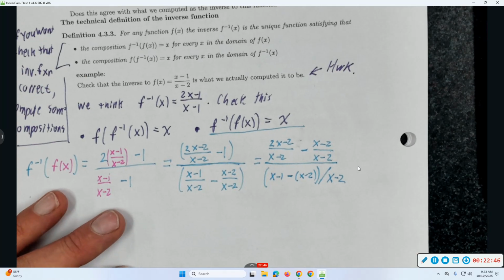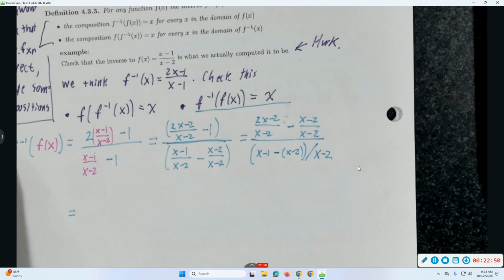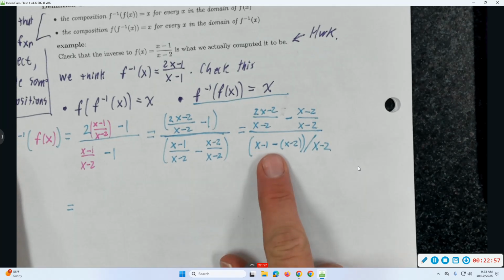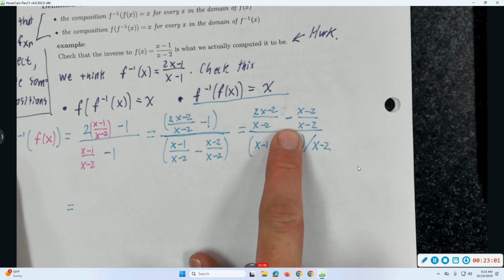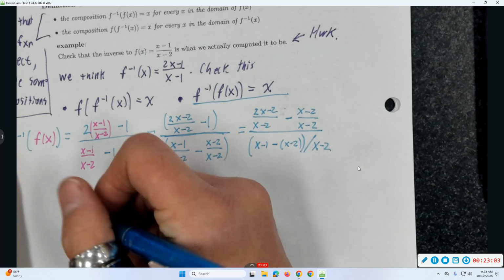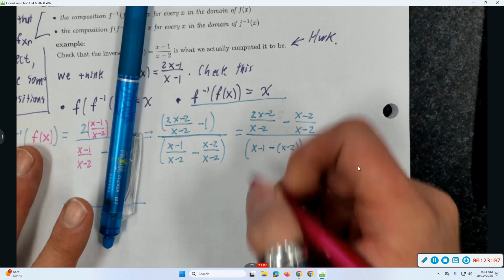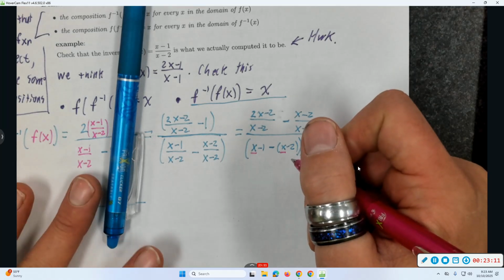Alrighty, that's something. And let's just keep going. Keep on following your nose. What should I do next? Combine like terms. Oh, sure. In this piece, you mean? Yeah, let's do that. Let's also do something in the numerator. So, you told me what to do in the denominator, combine like terms. I'm going to see an x minus x, so how many x's? 0.